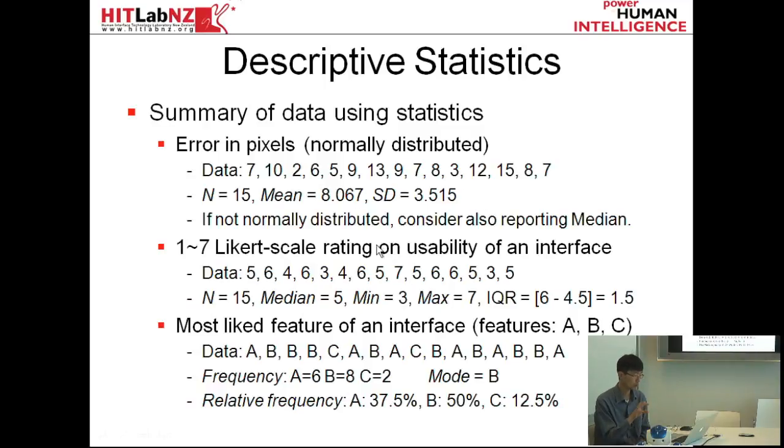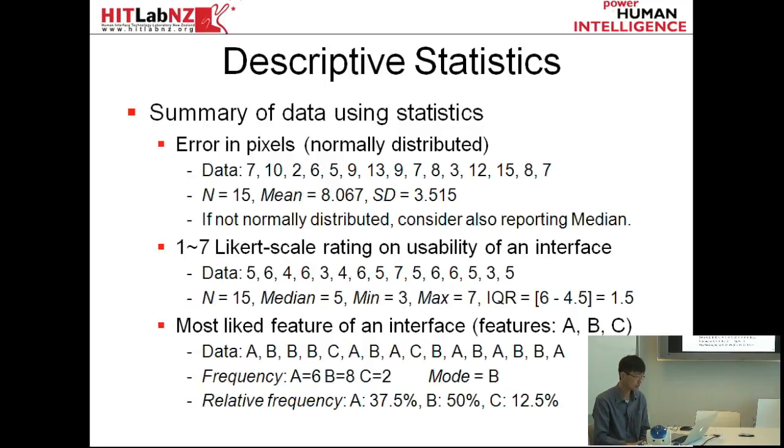Depending on what kind of scale your measurement is, sometimes the mean and standard deviation are the best tools for interval or ratio data. But if it's ordinal data such as a Likert scale, then it's better to report median, min, max, or IQR, since with ordinal data you cannot really assure the difference between each unit is the same.